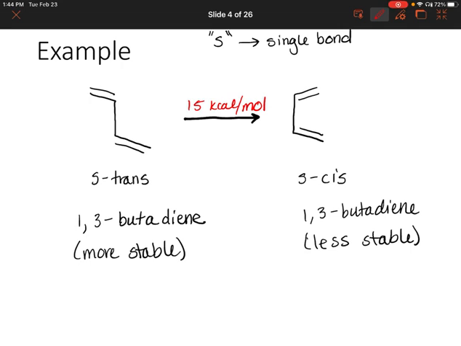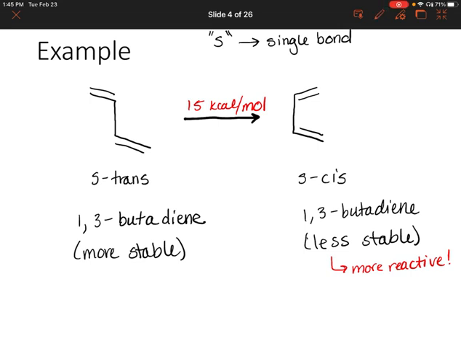Now, because S-cis is less stable, it's actually more reactive. But this is something we've seen a lot of throughout organic chemistry. When something is less stable or has more energy, it can react more because it's trying to become more stable through a reaction.